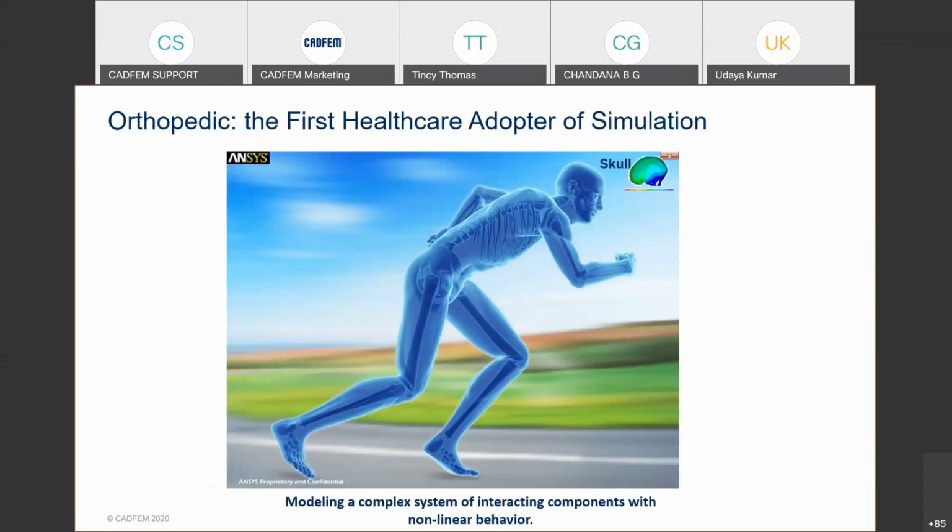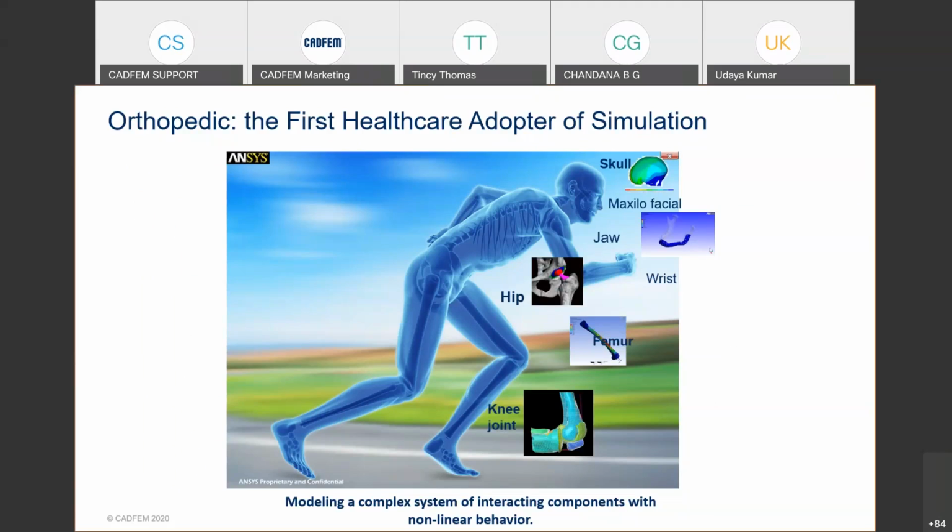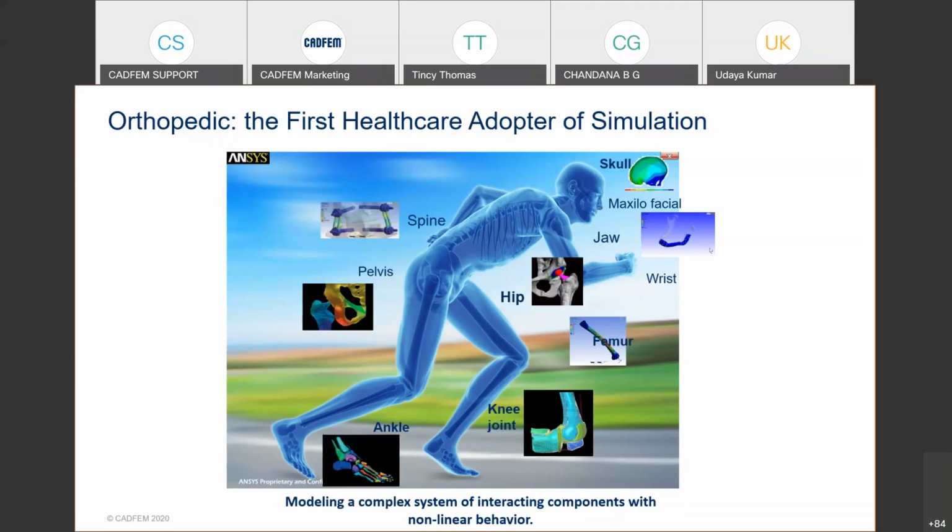In different situations, joints are majorly the critical area where we implant different implants, and it's very hard to analyze because movement is coming into place, so you have to see what is happening. But it is also very difficult to see what is really happening inside, because there is a lot of complexity involved.